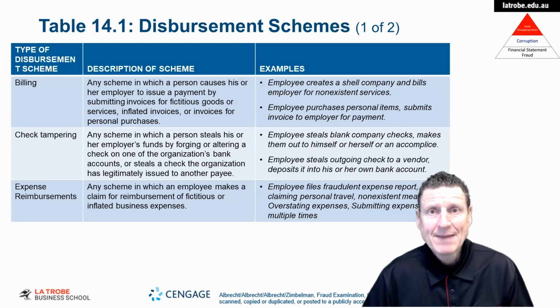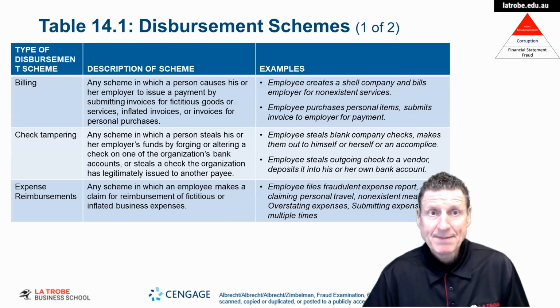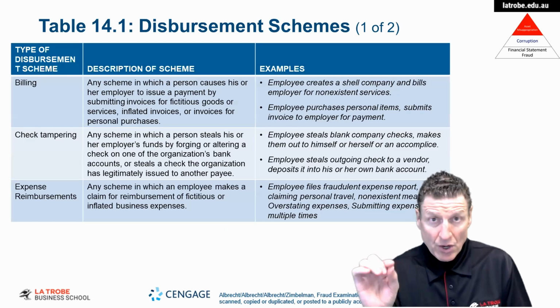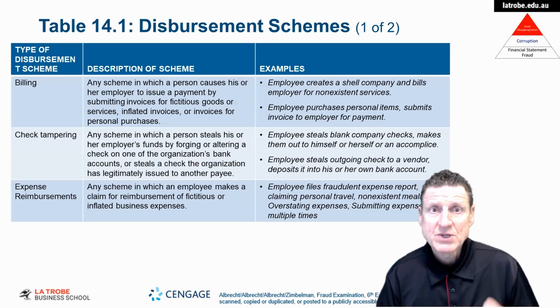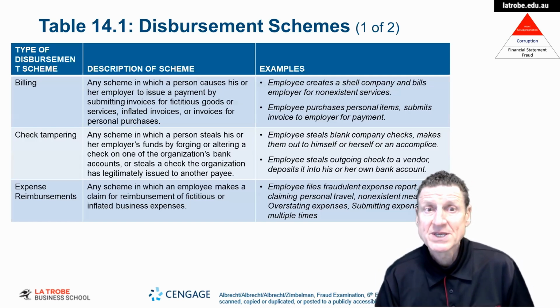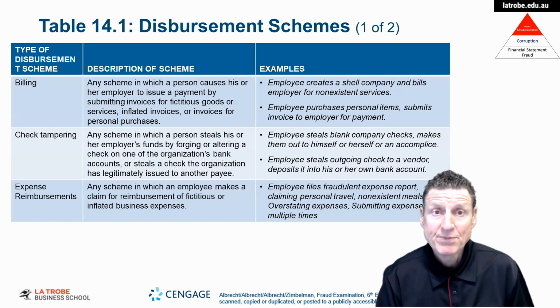And I'll give an example of one or the other, but a classic one is a billing scheme, where a person causes his or her employer to issue a payment by submitting invoices for fictitious goods or services, inflated invoices, or invoices for personal purchases.